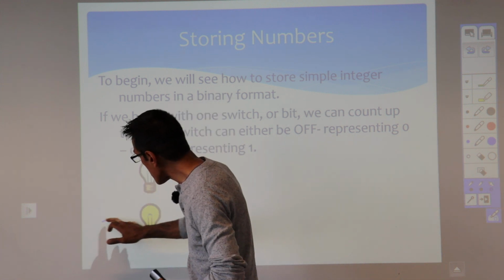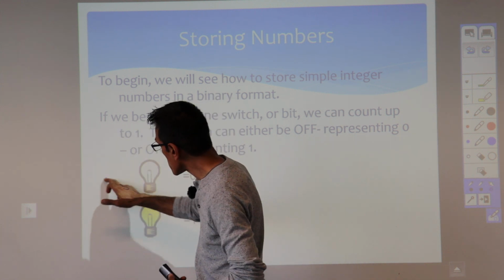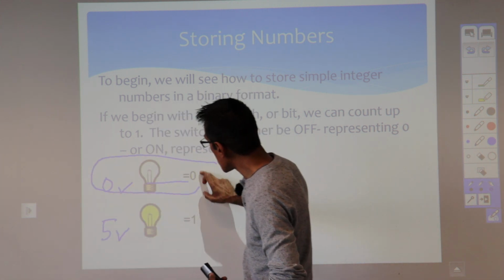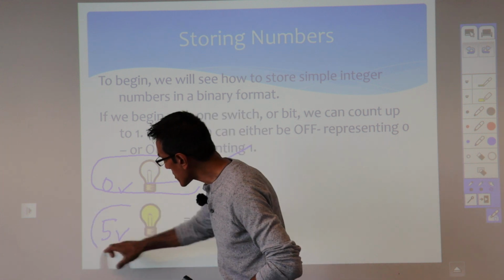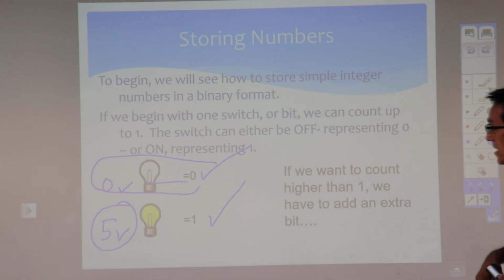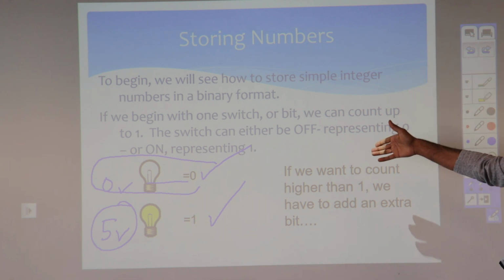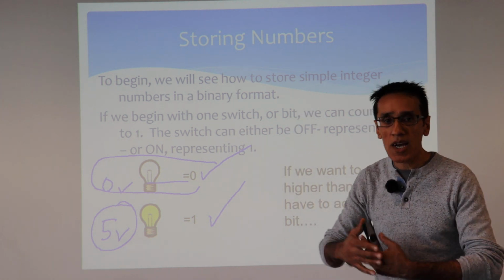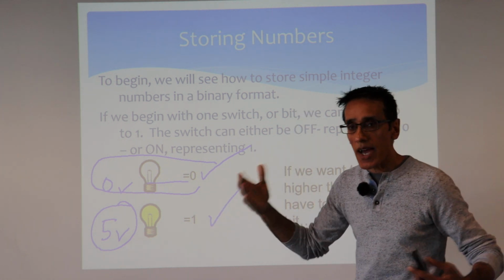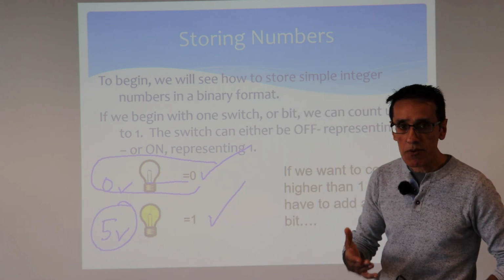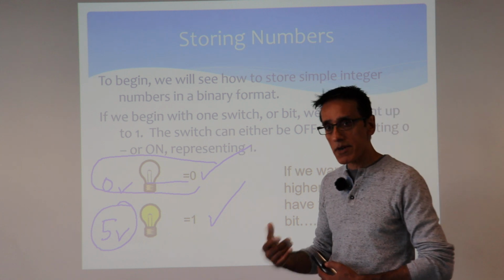Put some charge into here, let's say you put 5 volts, or 0 volts, no charge, it represents the number 0. Put some charge to it, it represents the number 1. Let's say you want to count higher than 1, you've got to add more bits. More bits means more transistors. It means the higher you want to count on a computer, you need to introduce more and more and more transistors.